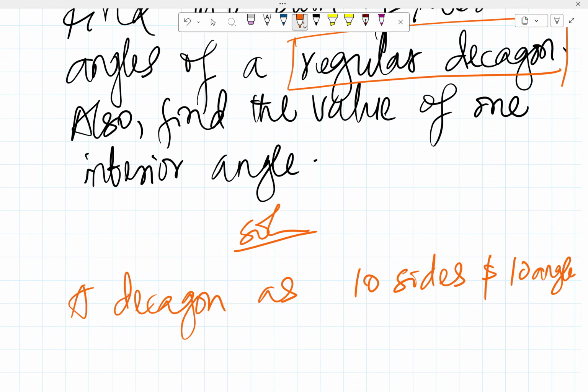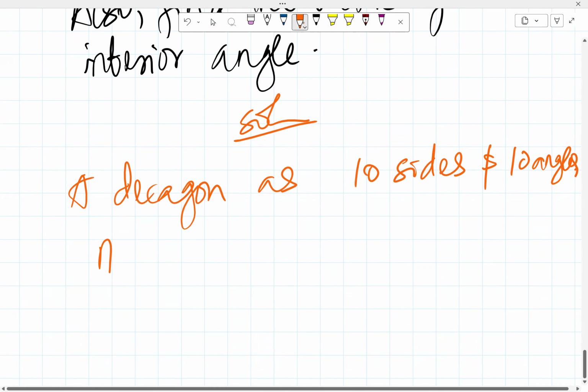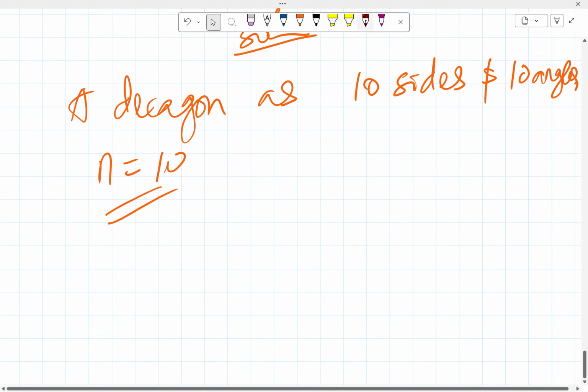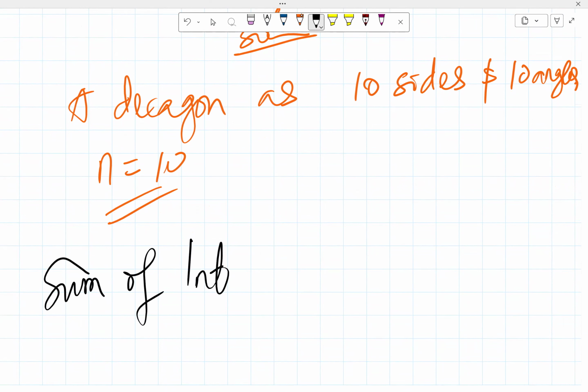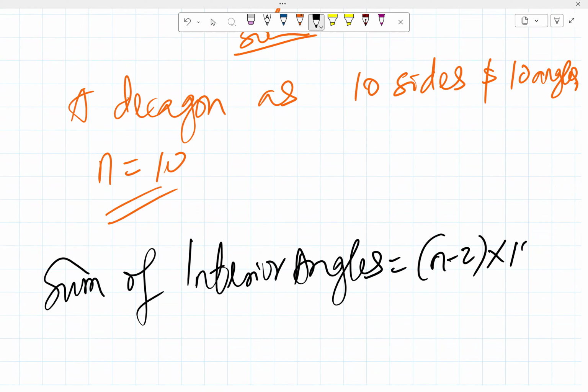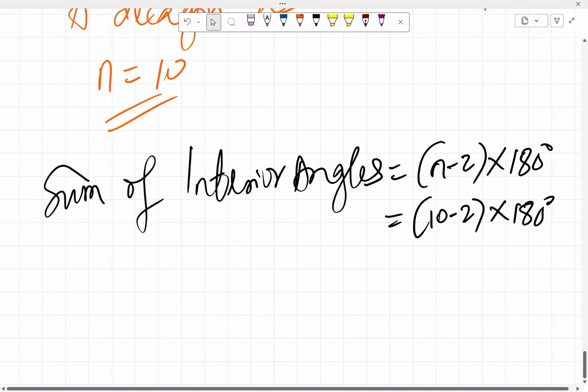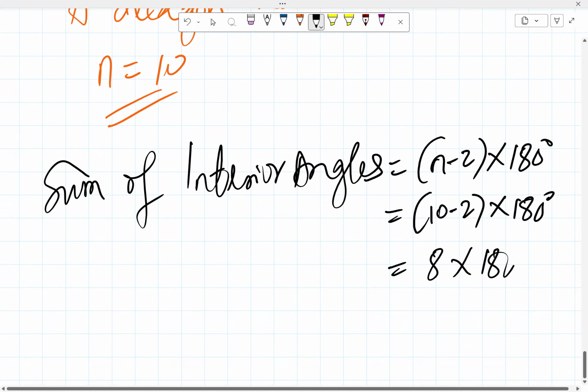That's the deal. So that means that n is equal to 10. So we can then say that sum of interior angles is equal to n minus 2 times 180 degrees. That's 10 minus 2 times 180 degrees. That is 8 times 180 degrees.